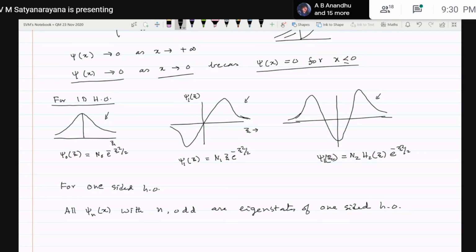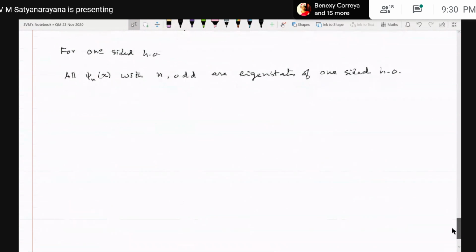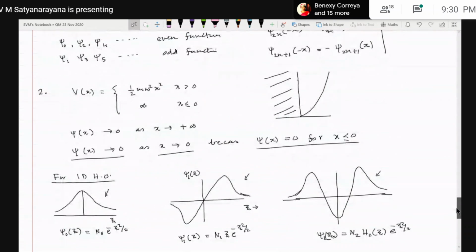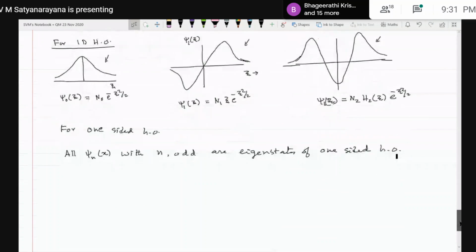So like that, if you solve one problem, then you can also see that a modification of the potential may actually pick up a subset of those solutions. So that will be easier. One doesn't have to really solve the problem again. There is no need to solve the problem again.